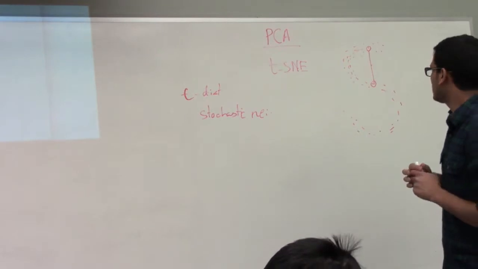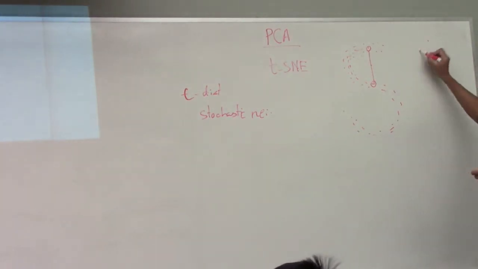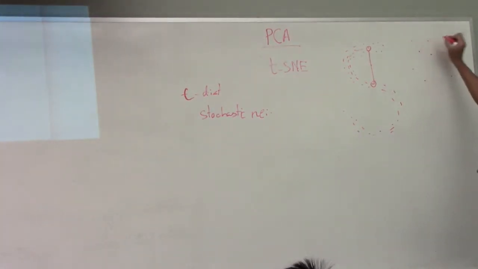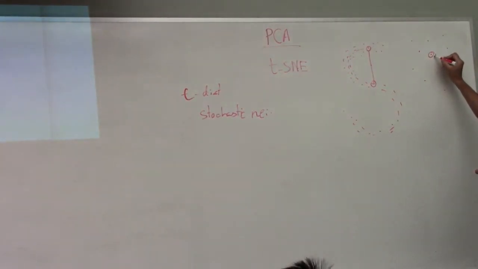If these are your points in high dimensional space, you pick this point, because you want to measure similarities of other points with it, and let's call this point i and another random point j.